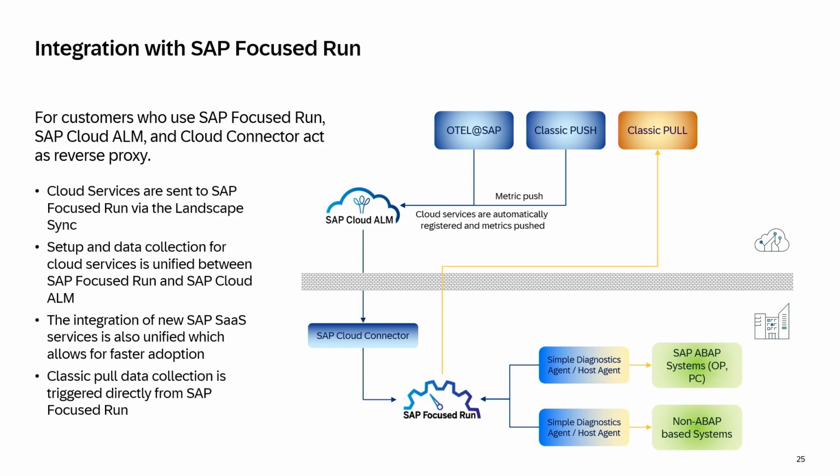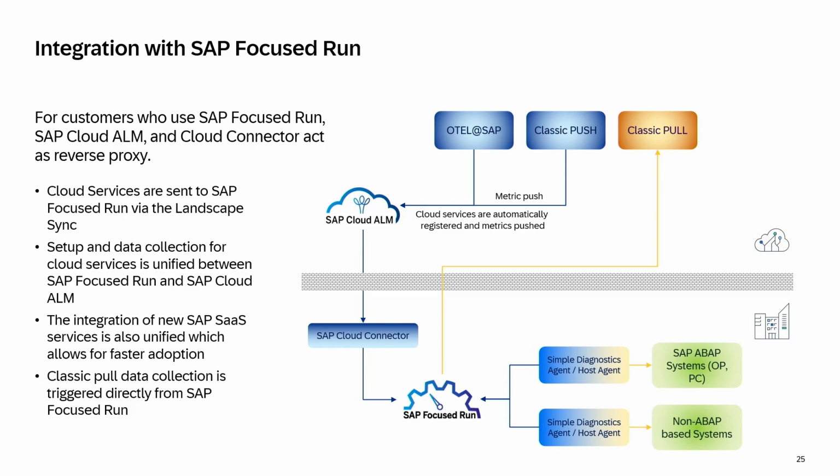The advantage is you really only need to set up the connectivity once, because if you want to reach on-premise systems from the cloud, you always need a cloud connector to get in there. To avoid having to set this up for every single cloud service, you set it up once for Cloud ALM. Basically, you set up the monitoring for your cloud services towards Cloud ALM, and Cloud ALM distributes this information down to SAP Focused Run.